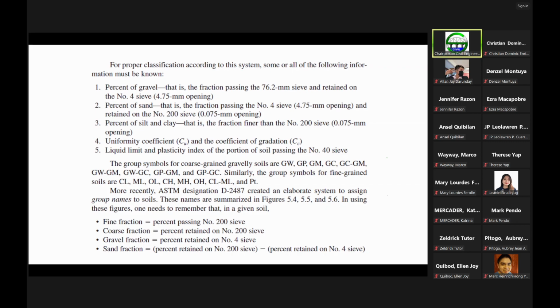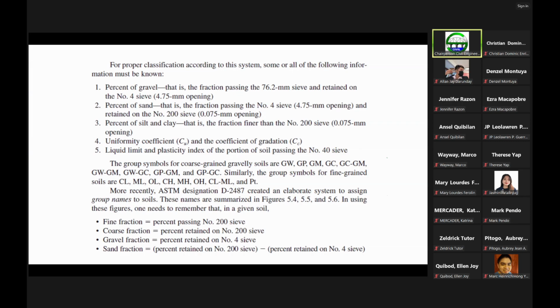Then you have the percent of sand, that is the fraction passing the number 4 sieve and retained on the number 200 sieve, the 75 micron opening. And then you have the percent of silt and clay, which is the fraction finer than the number 200 sieve, again the 75 micron opening.